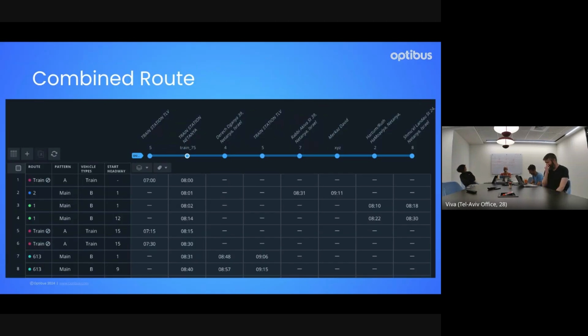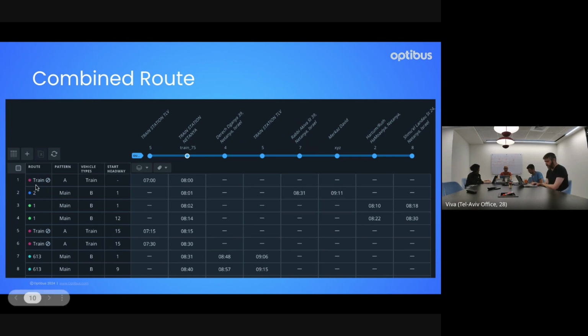Okay, now another puzzle, or another algorithm. We see the same view that we saw before. Now I'm talking about what we call combined route. What is combined route? Let's say that in this view we want to see several routes, and each route stops at its stops.